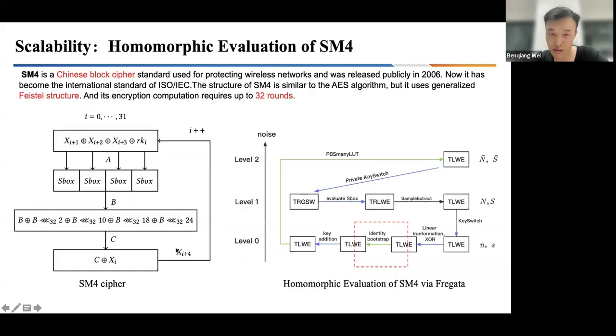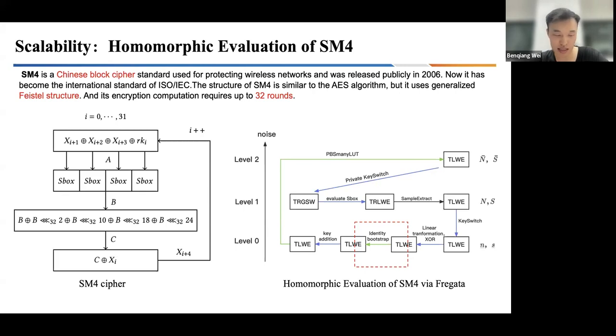So we can also apply this evaluation framework to the Chinese block cipher SM4. SM4 uses the generalized Feistel structure, and unlike AES, it runs up to 32 rounds, so it has higher multiplication depth.